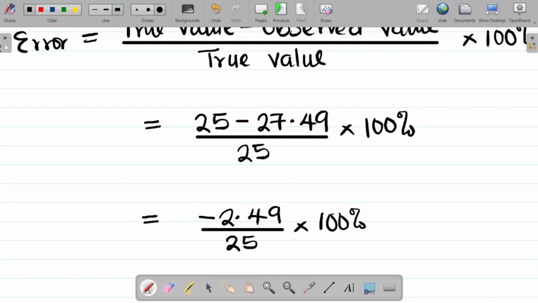Now looking at this, I'll have a negative value as my error. And usually errors are not a negative value. So in a case where you would have a negative value as error, what do you do? You now take what is called the absolute value.